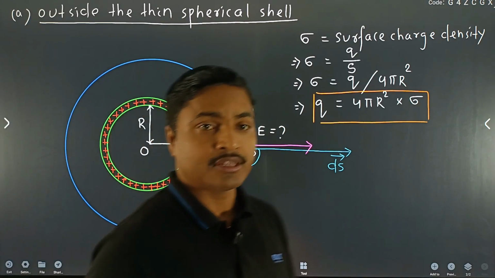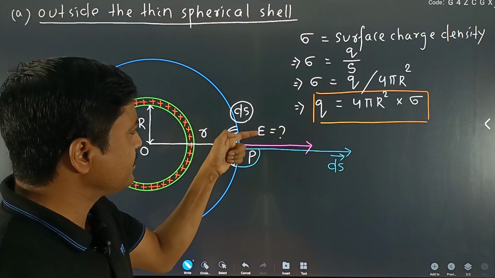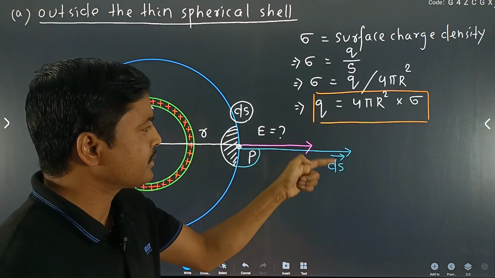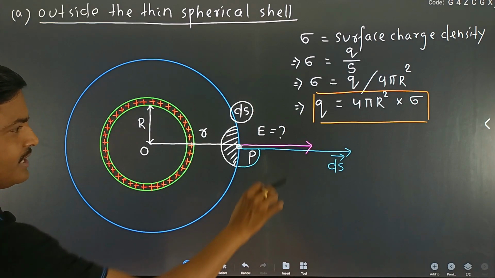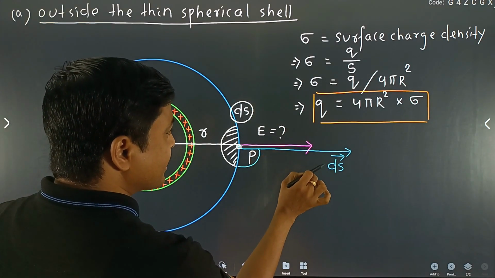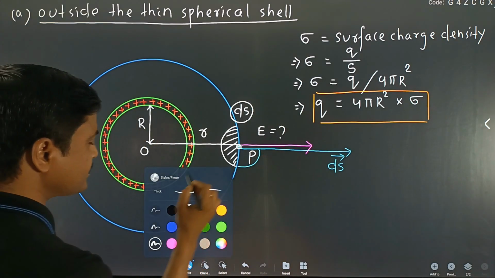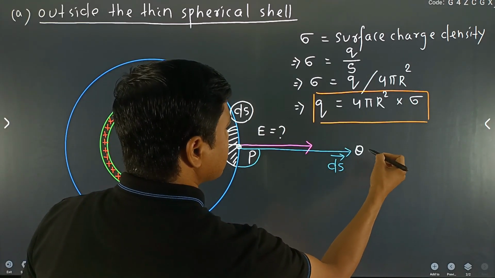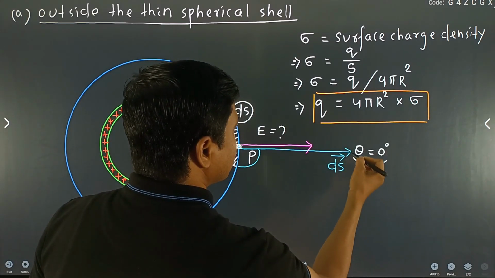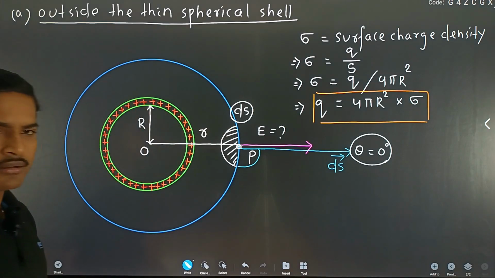Clear? Then what is the angle? The angle between the direction of the electric field and the direction of the area vector. In this case, both are parallel, so we write theta is equal to 0 degree. Clear?